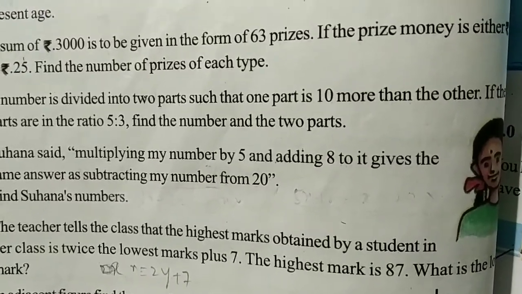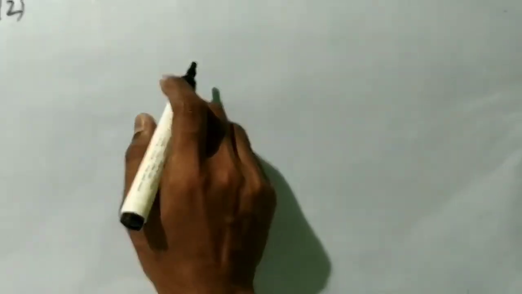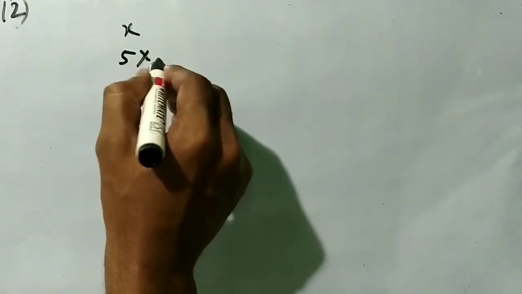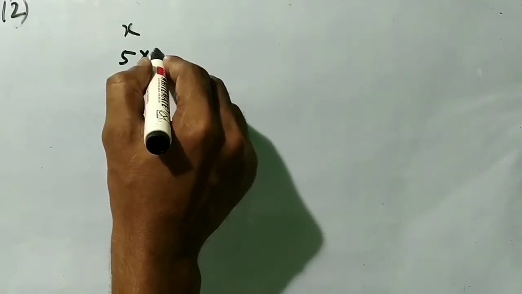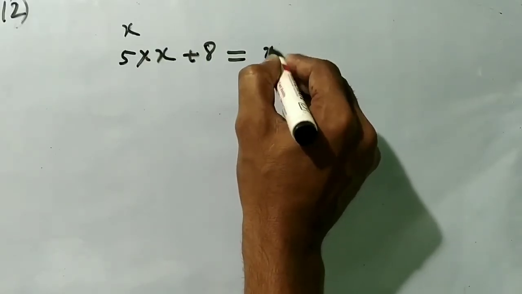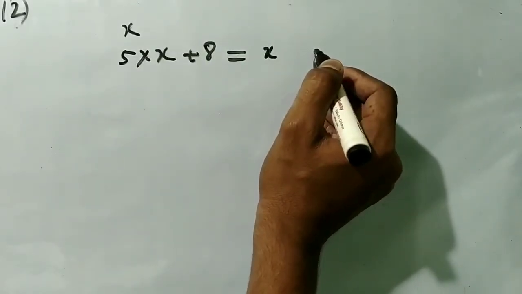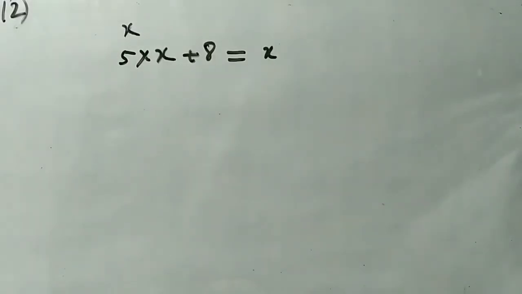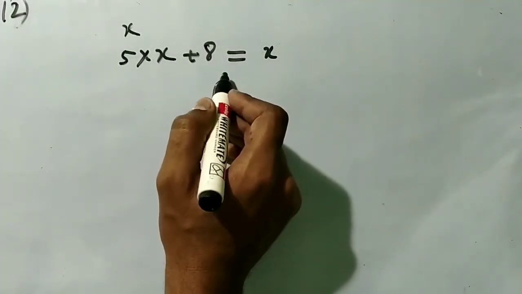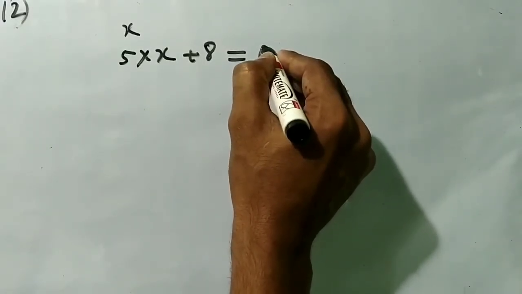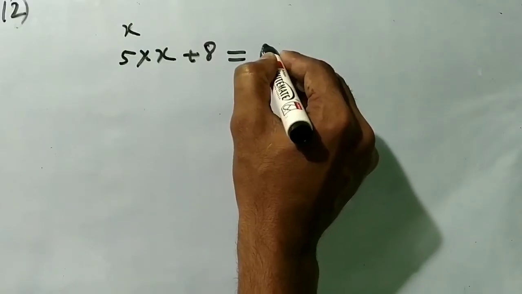So here, actually they have given that Suhana's number is, we don't know, here x. If Suhana multiplies her number by 5 and adds 8 to it, it gives the same answer as subtracting her number from 20. They have said that it gives the same answer, equal to subtracting Suhana's number from 20.